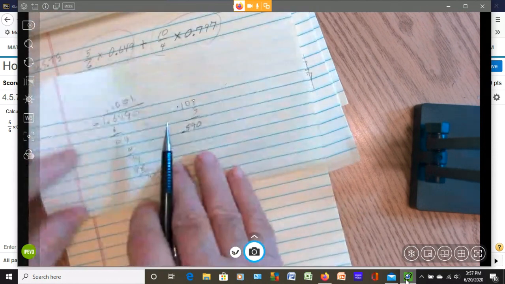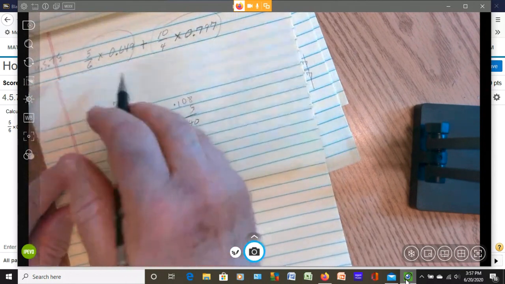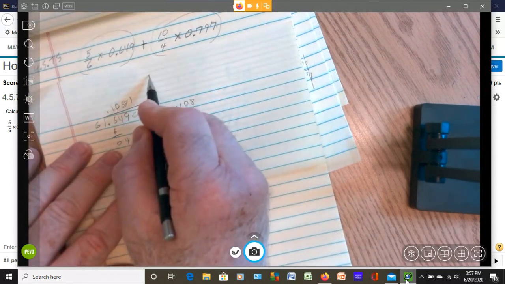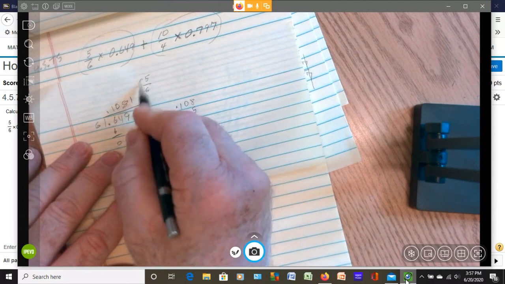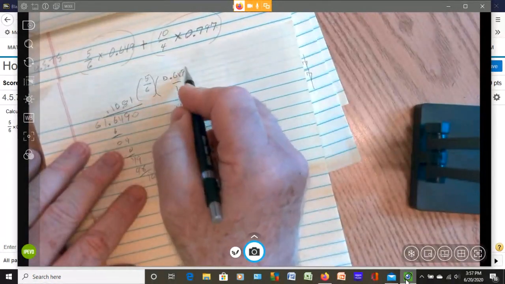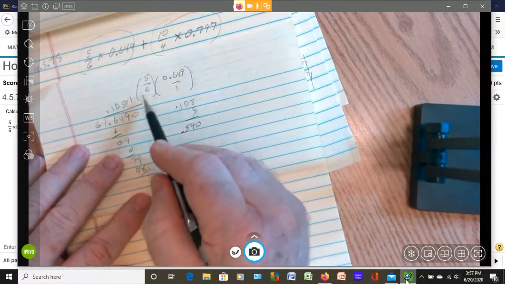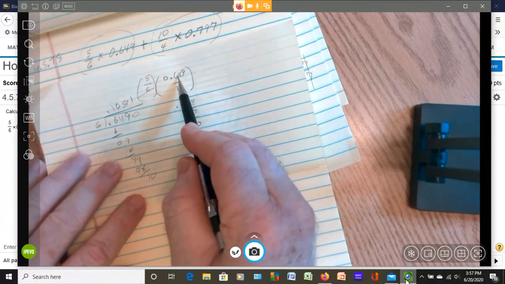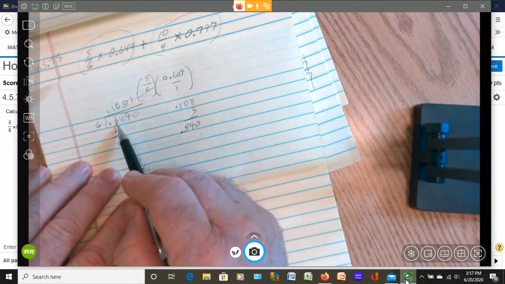When I use this approach, I'm using now the approach of saying it's like 5 over 6 times 0.649 over 1. You see what I'm doing here? I'm now canceling the 6 into that by dividing 6 into 0.649.